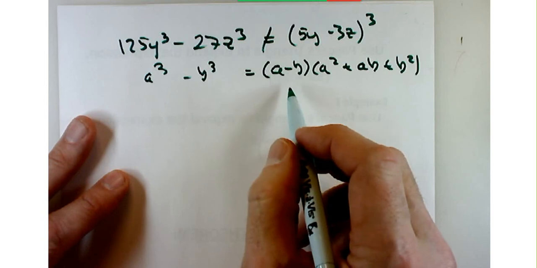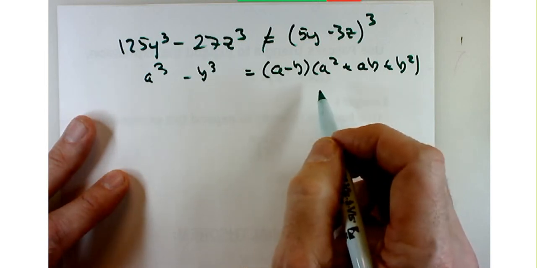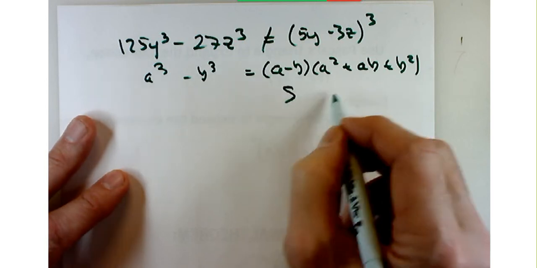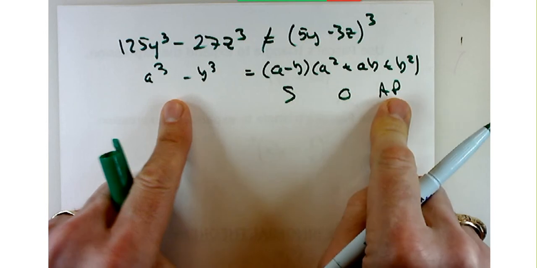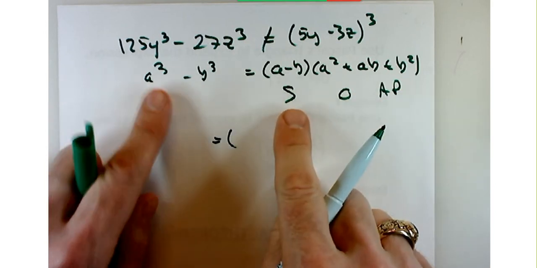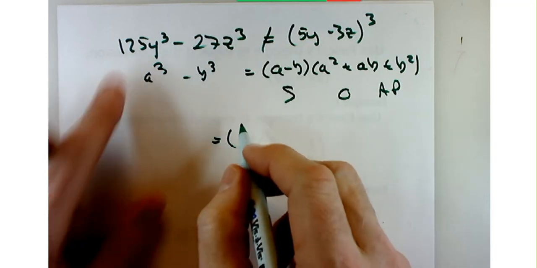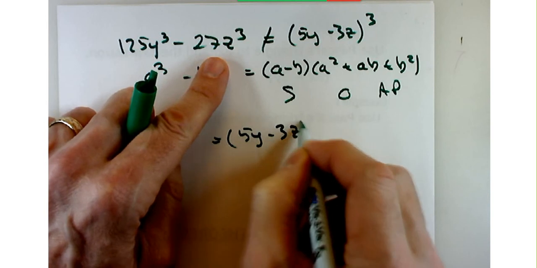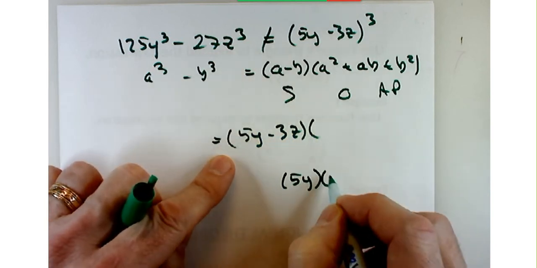By the way, what's the word that we use to remember how this factors? There's a word that helps us remember the signs. Anyone remember? SOAP. Same sign, opposite sign, always positive. How does she remember this stuff? She's good. So this would be 5y minus 3z, and then I want 5y times itself, right?